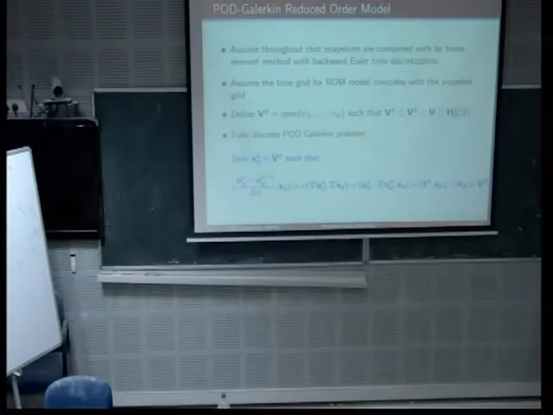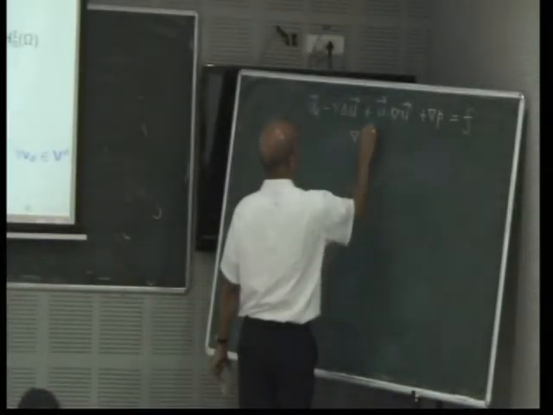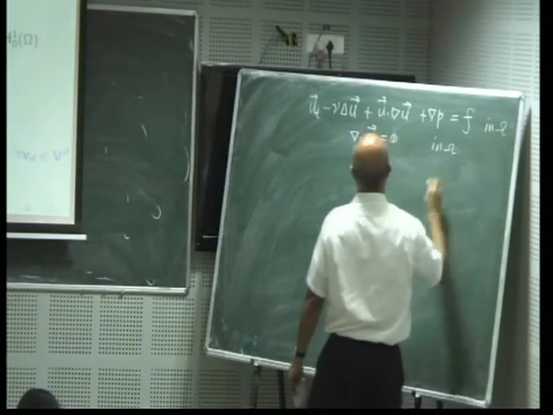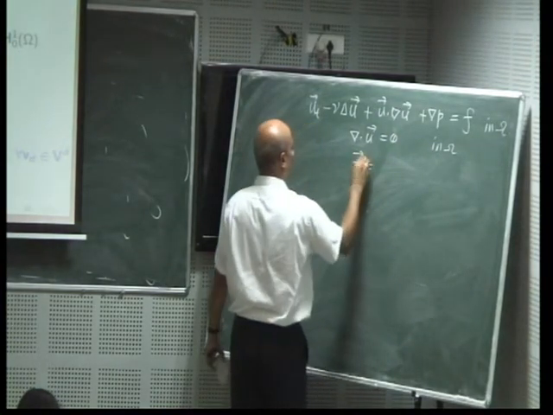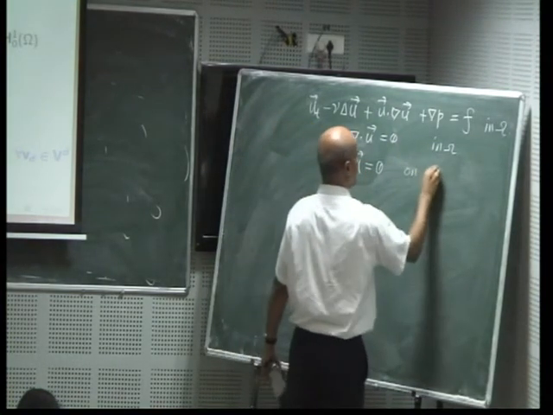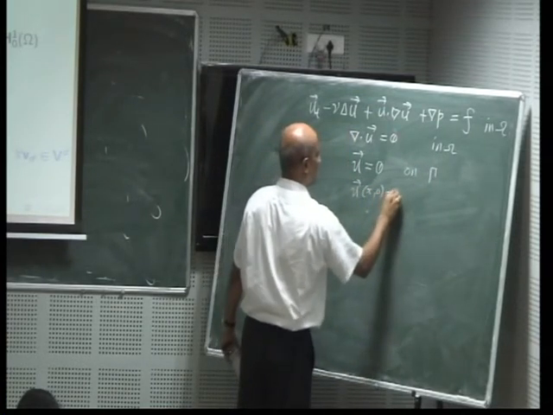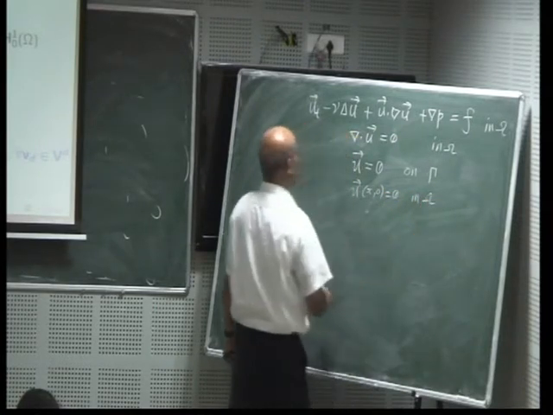Suppose we are interested in this incompressible Navier-Stokes equation on the domain Omega. For simplicity, let's assume the boundary velocity is 0 and you have an initial condition. So let's look at this simple problem.